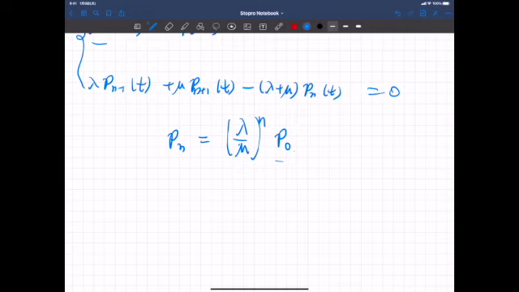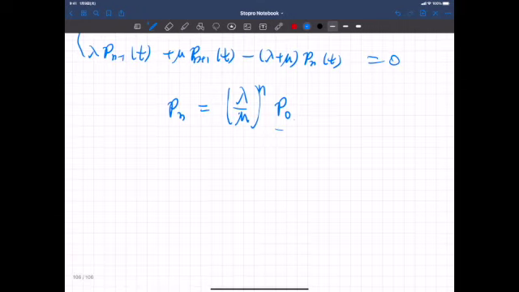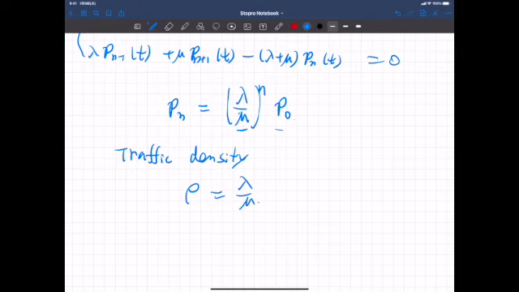Before determining the value of P0, let us define a quantity called the traffic density, just for convenience. Traffic density is basically this constant, rho, the Greek letter rho, equals lambda over mu.